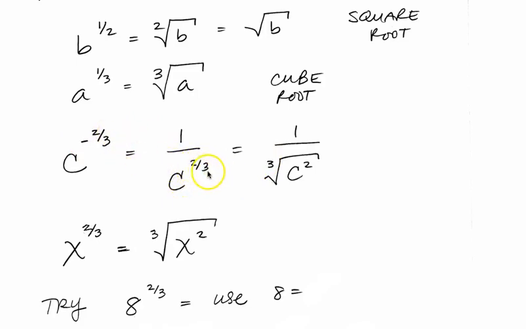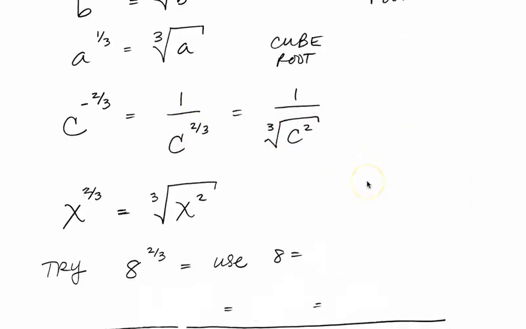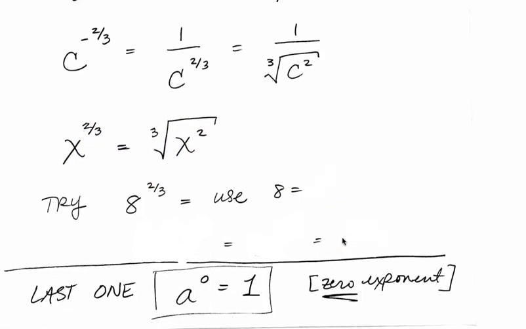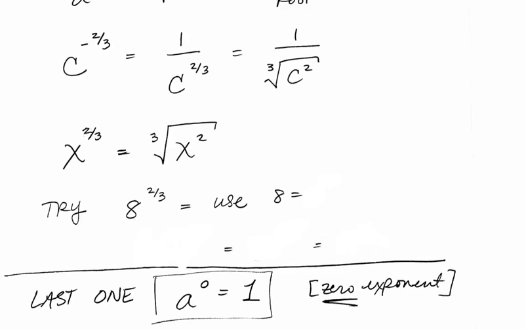Something to the 2/3 power means we're going to square it and then take the cubed root of it. Here would be another one with just x. So x to the 2/3 power, that means x squared right there, and then the 1/3 would be the cubed root of it. So let's try it, and then we'll get to some problems for you guys to do.